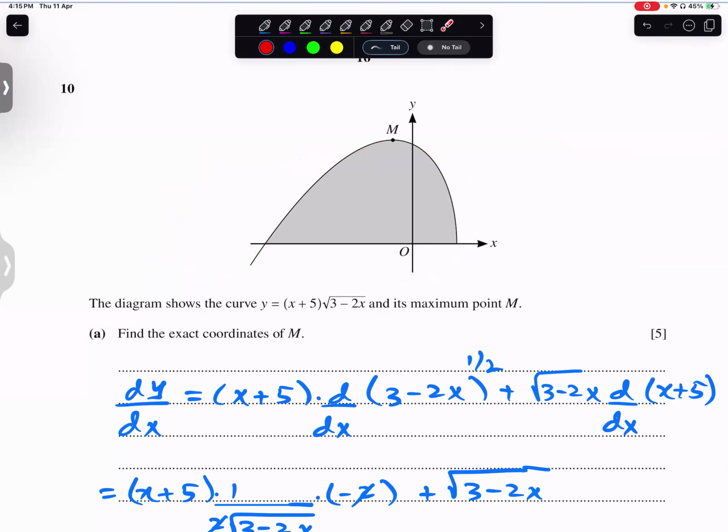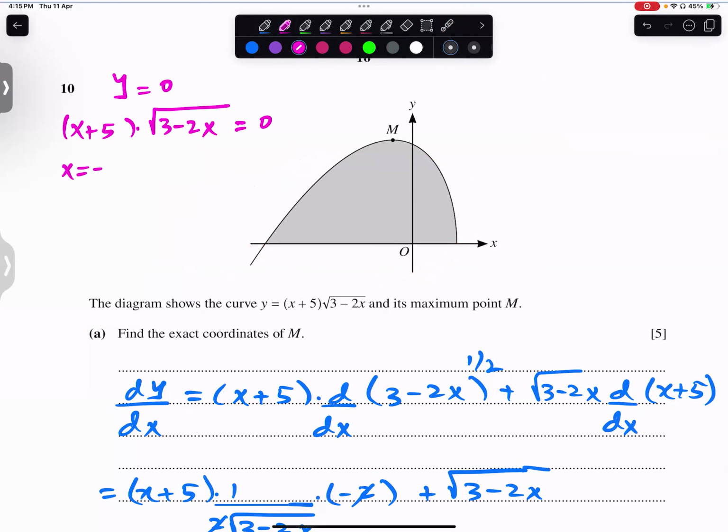So first of all, let's see the limits. What are your limits here? In order to find these limits, let's put this curve equal to 0. This is, by the way, part of the question, but I'm doing it here. Put y equal to 0. So x plus 5 times 3 minus 2x equal to 0.